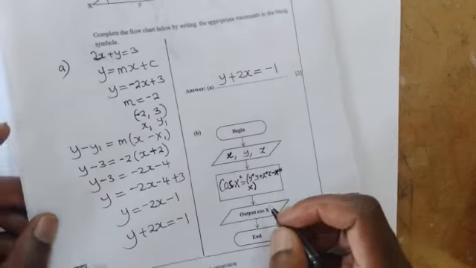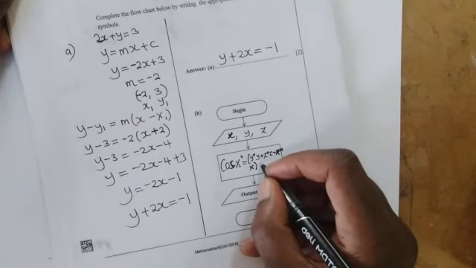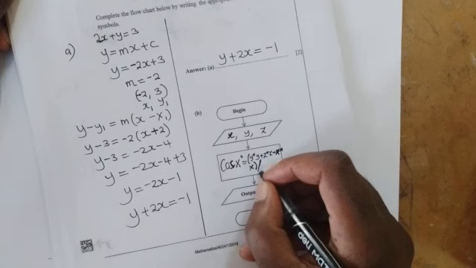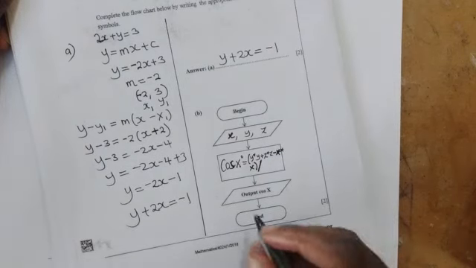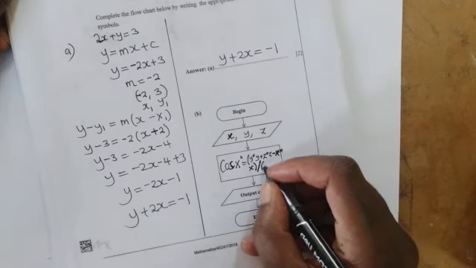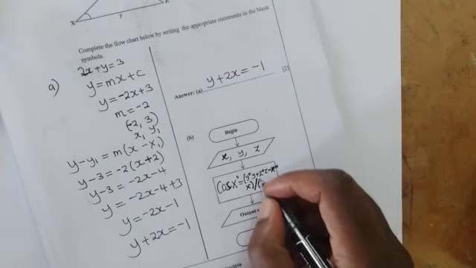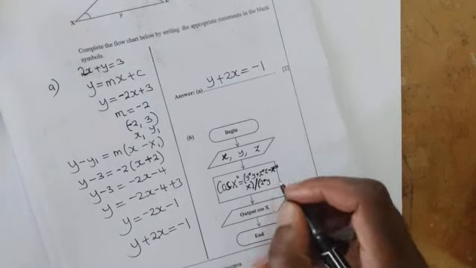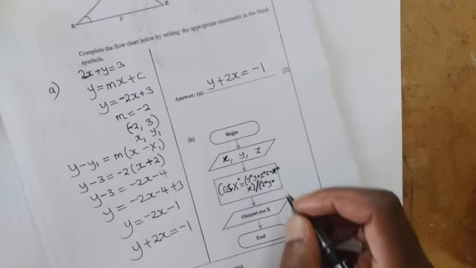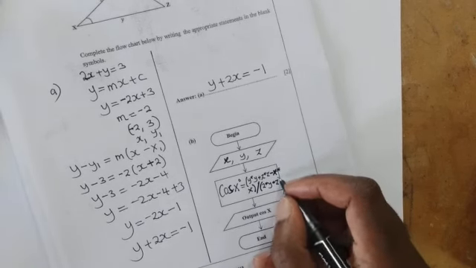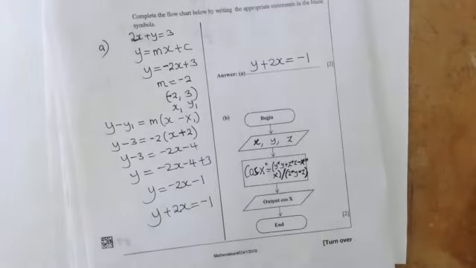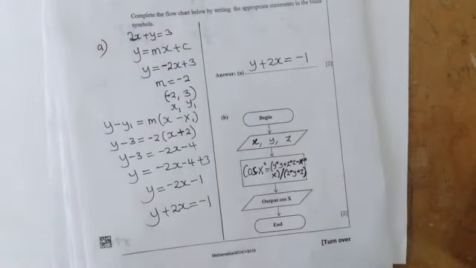After we've closed brackets, we put slash for division, and again we open brackets. What are we putting here? We are going to write 2 multiplied by y multiplied by z. That's what we are supposed to write.